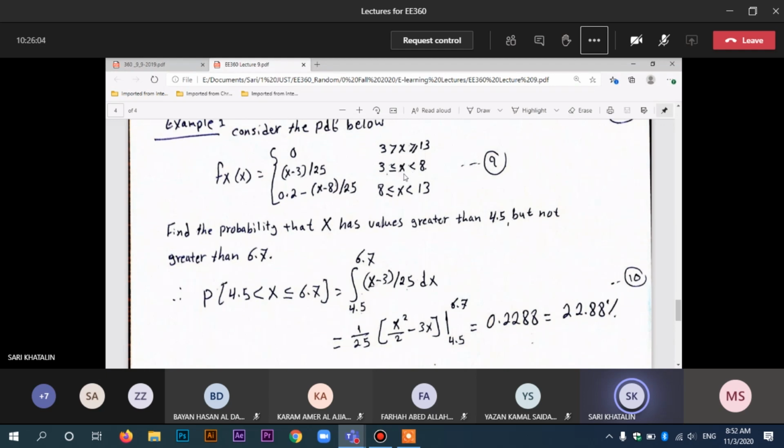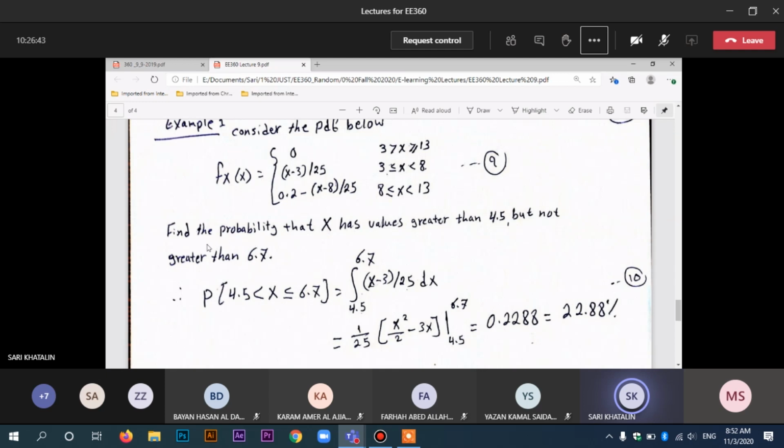It is 0 when x is less than 3, then we have the function (x minus 3) divided by 25 when x is larger than or equal to 3 and less than 8, and 0 when x is larger than or equal to 8. This is the f(x), or the PDF, in equation 9.